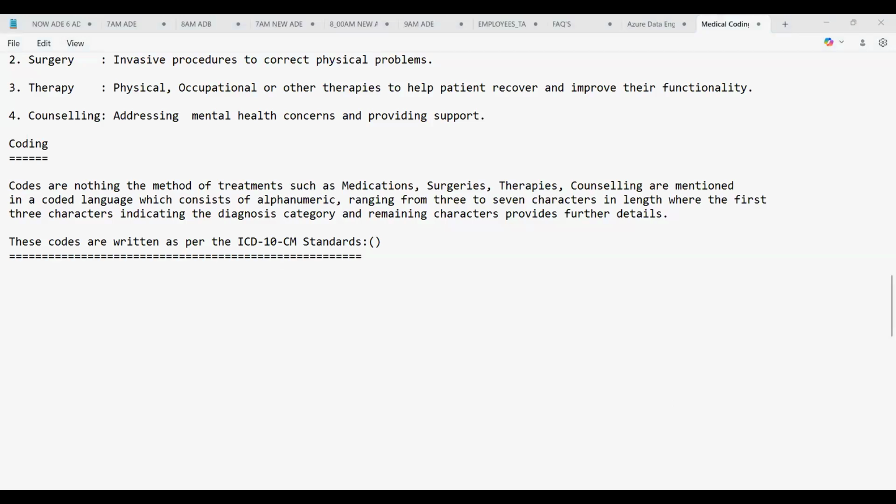I want everyone to respond, because without responding it will be very difficult for me to know whether you people are following or not. International Classification of Diseases.